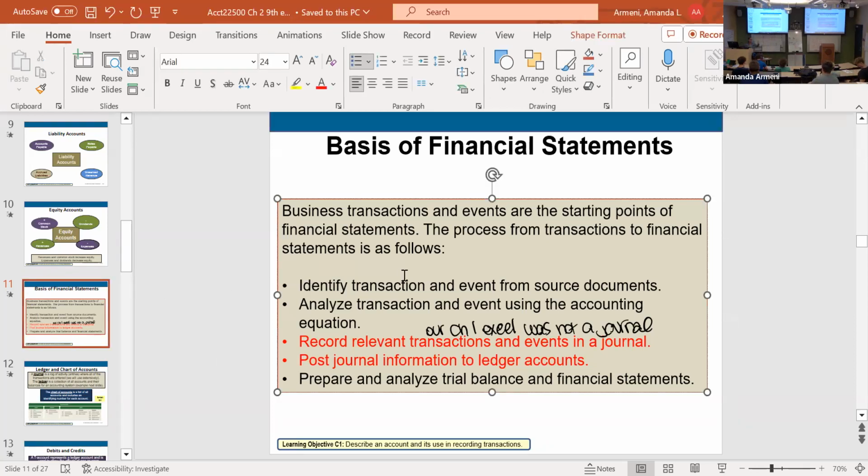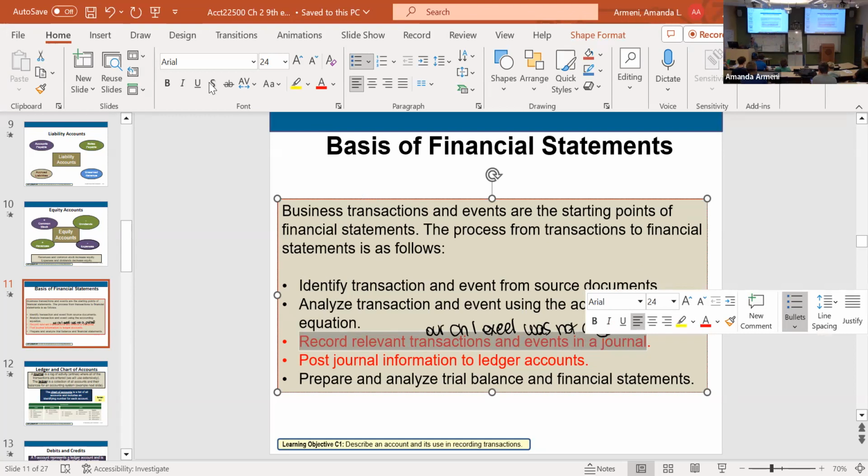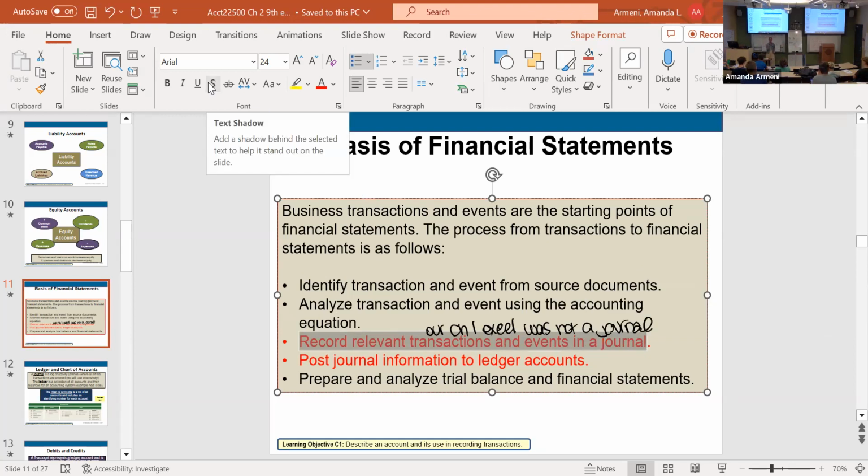After we have identified that a transaction has actually occurred, and we have analyzed that transaction in terms of our accounting equation, we know whether it's an asset, a liability, or part of equity. We know whether it's increasing or decreasing. After we have done that analysis, the next step in the process is to record those transactions in a journal, okay? What we used in chapter 1 was just for class.